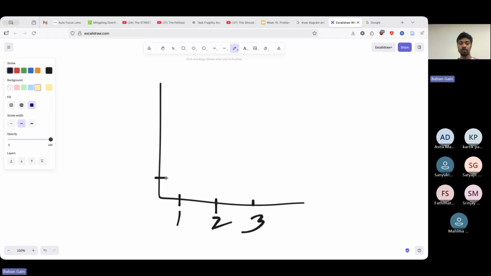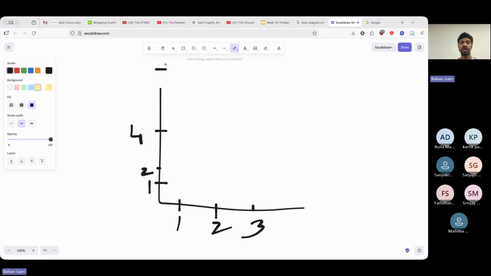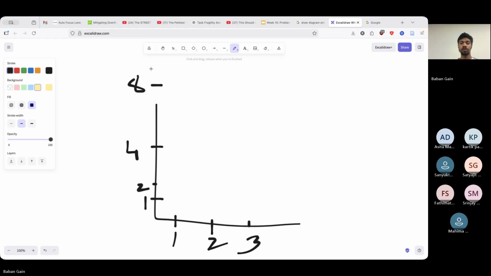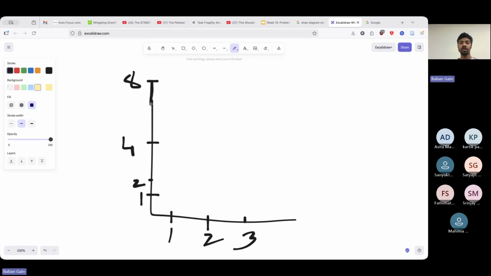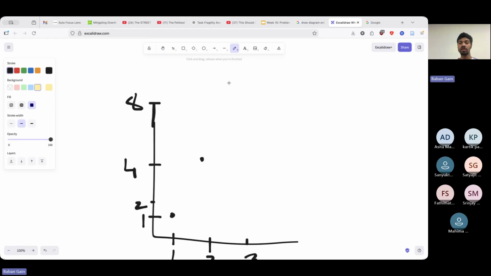This is like 1, 2, this is like 4, this is maybe 8. Okay, so if you try to plot here, the first point will be one square is 1, right? 2 square is 4, 3 square is 9 here.